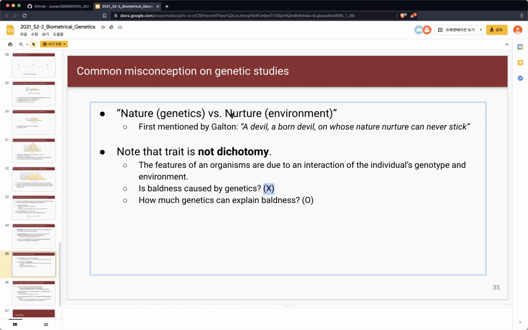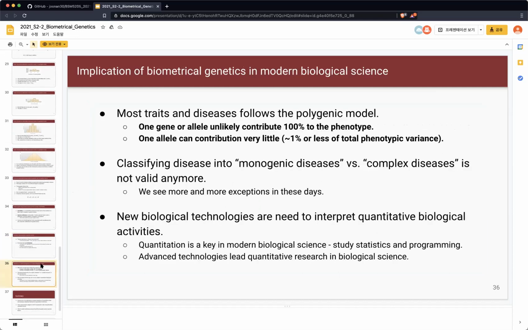in genetics. But this sentence gives us quite a few common misconceptions in our field, and you have to remember that genetics is not a dichotomy, and we have to consider continuous and polygenic perspectives in our study. So why do I care about this? Because most traits and diseases actually follow the polygenic model.